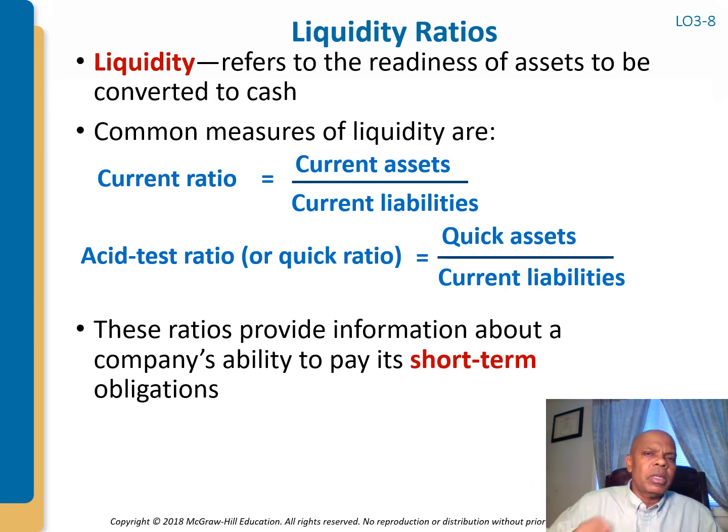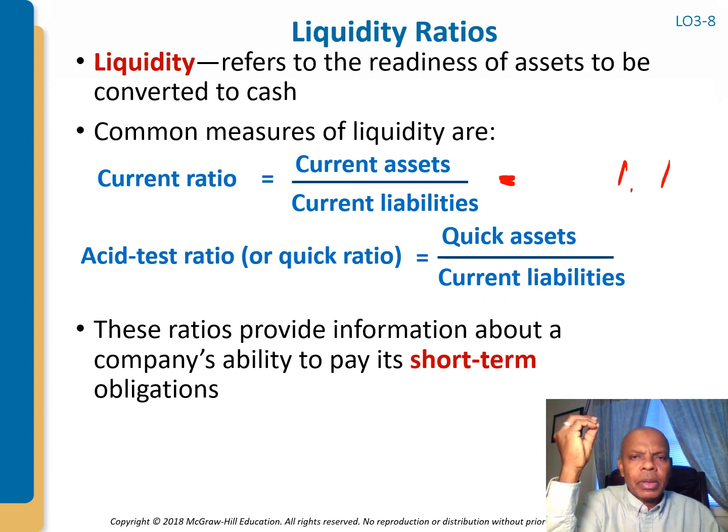A common measure is the current ratio. You compute the current ratio by your total current assets divided by current liabilities. It gives you a ratio.